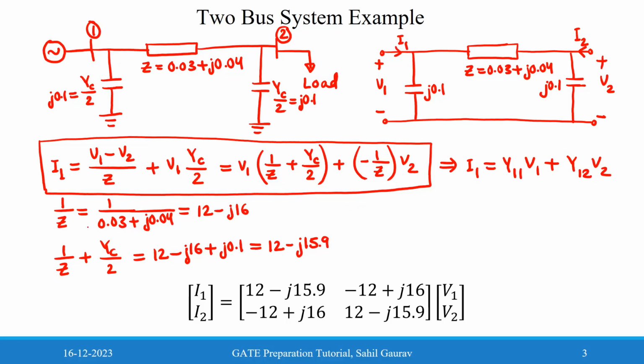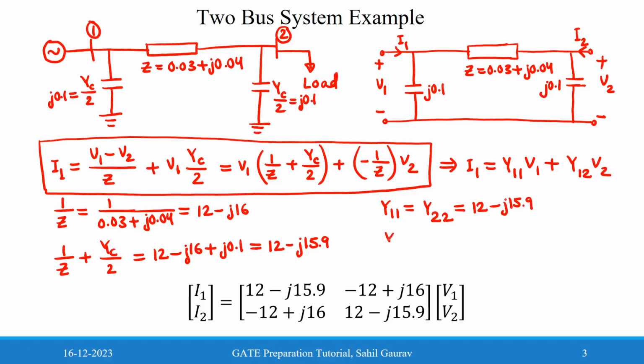Therefore we can say that Y11 is, and since this is a symmetric matrix, both diagonal elements are the same. So Y11 is equal to Y22, which is 12 minus j15.9.